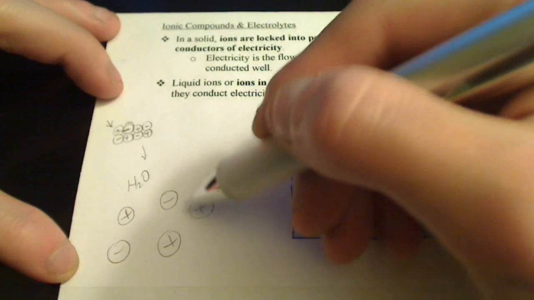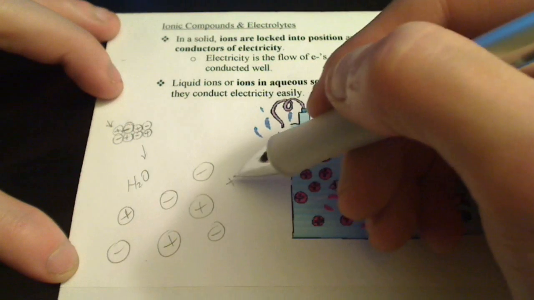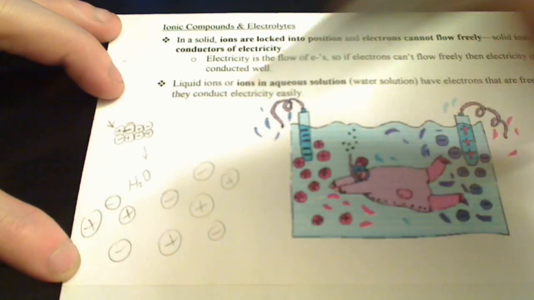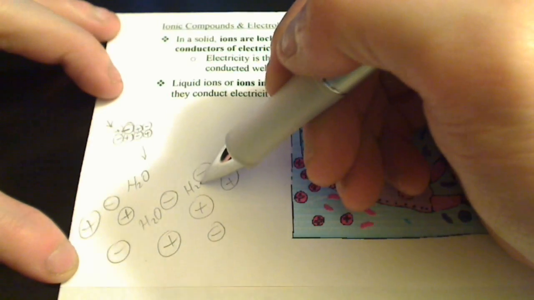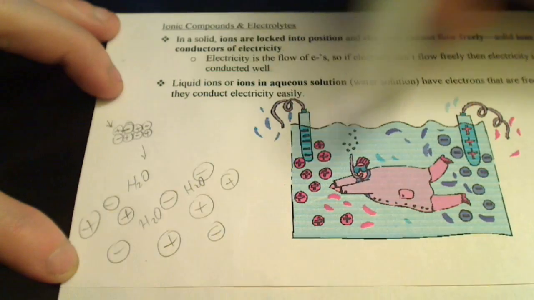Instead of locking all the positives and the negatives together, it allows them to float around. And by having these particles randomly float around, it gives the opportunity for electrons to start moving around. Alright, let's throw in a negative there. So water, as I said, separates it. As it is being separated, electricity can now transfer through.